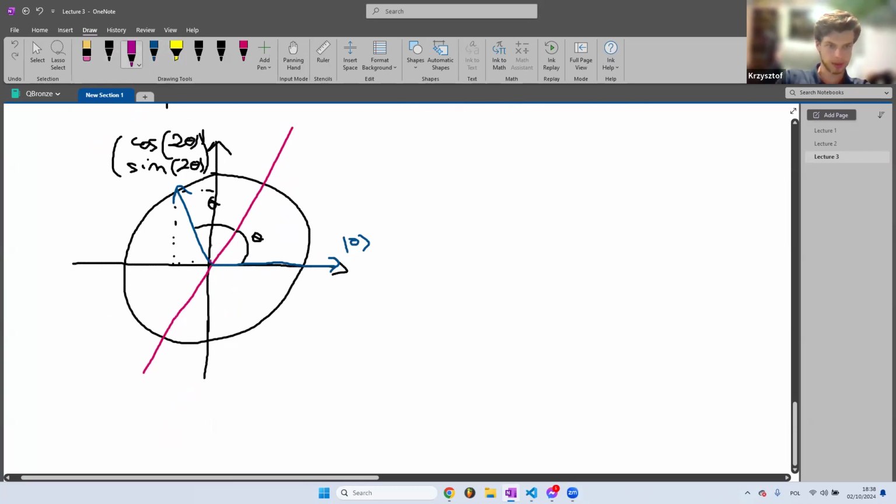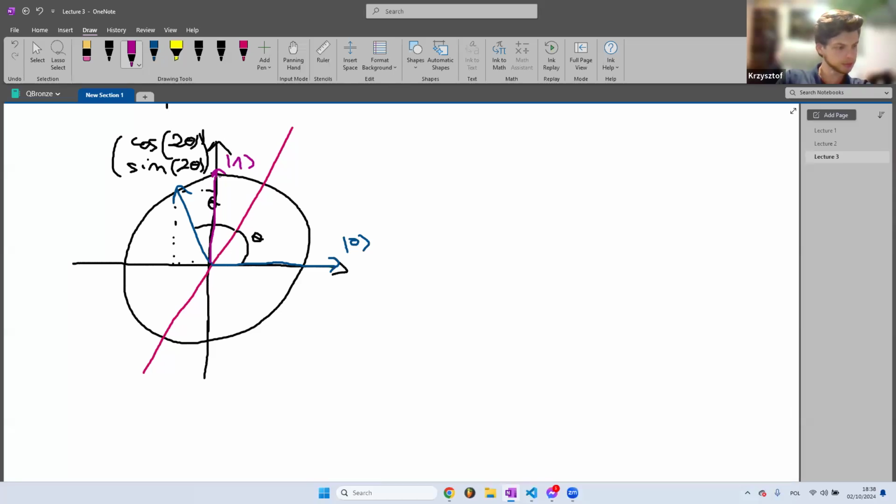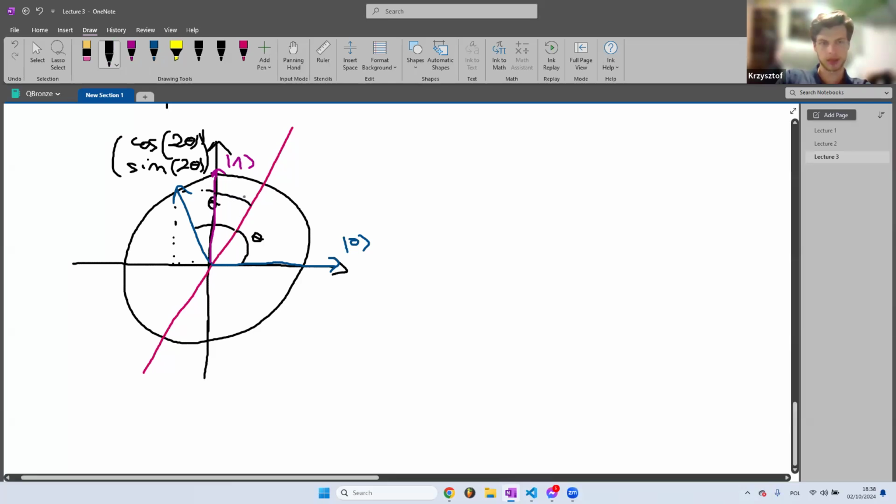But what happens with our 1? Our 1 now, instead of going through the same angle, has a different angle, and this angle will be pi over 2 minus theta.